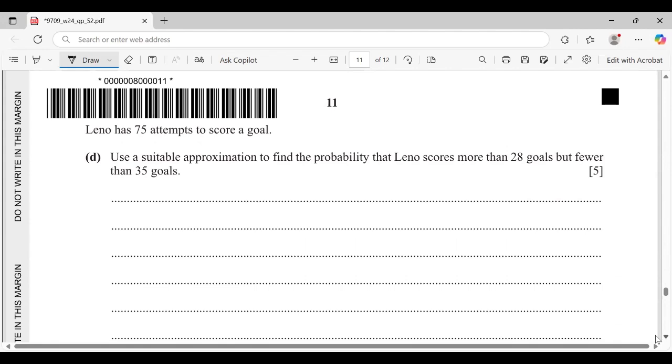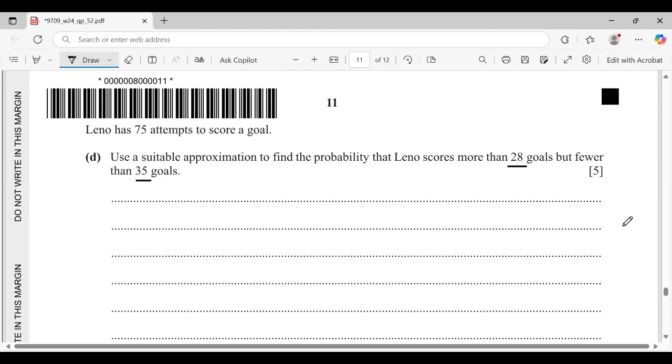Leno has 75 attempts to score a goal. Use a suitable approximation to find the probability that Leno scores more than 28 goals but fewer than 35 goals. More than 28, but fewer than 35.